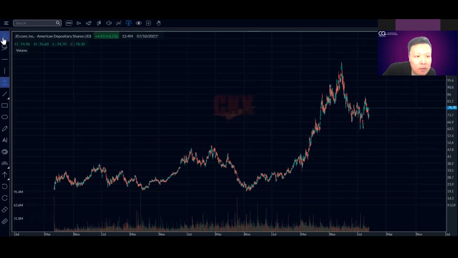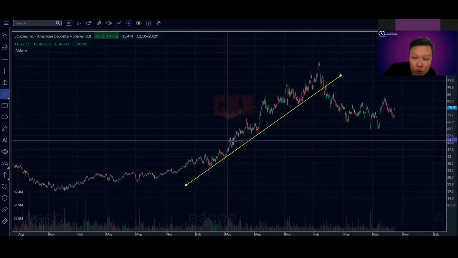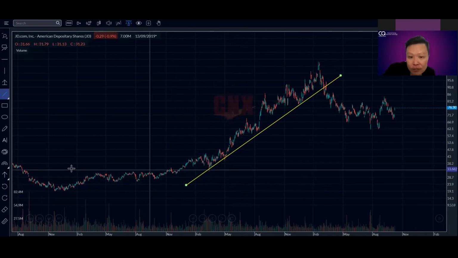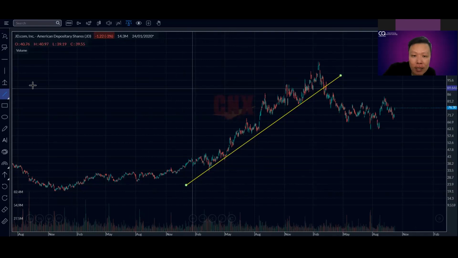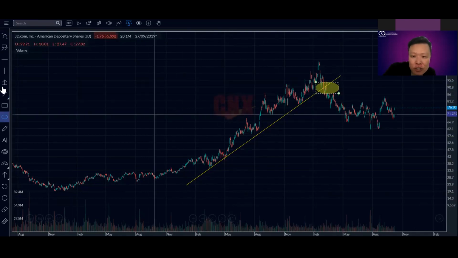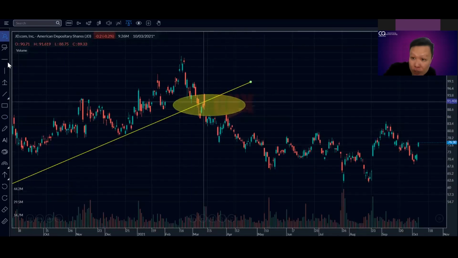And then let me analyze the chart. This was a super uptrend. This is the most profitable trade if you managed to catch it during that time. And this part is the crucial part. That's where the trend started to change after the price broke below the trend line, which is a major trend line.